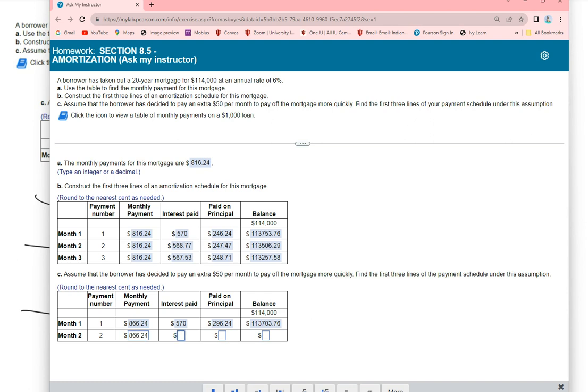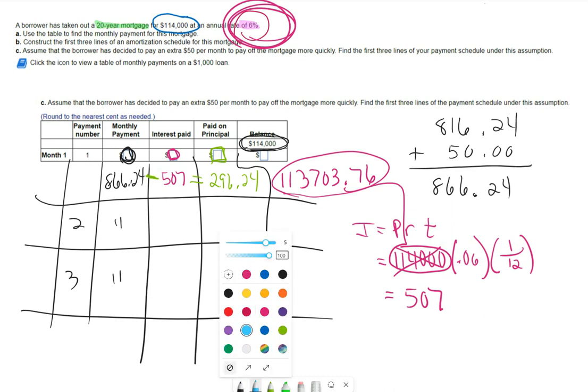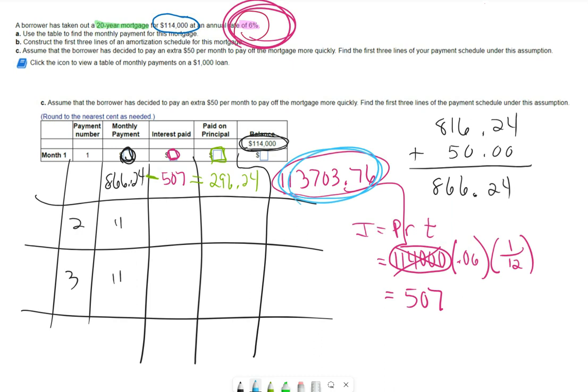And now this new interest is going to be taking, pick a different color, how about blue? We're now going to take this number times the 0.06 times 1/12, and that'll give us a new interest paid. So grab my calculator. Oh, I already did this on my paper, sorry.